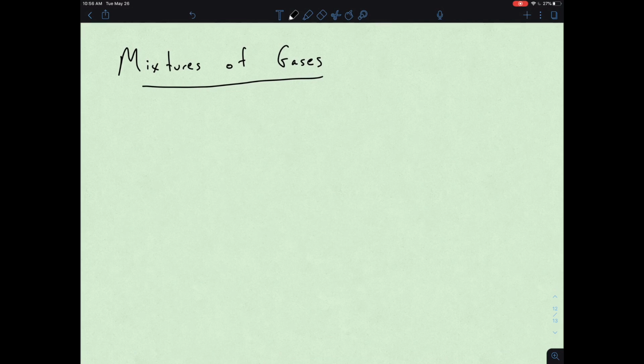So now let's talk about mixtures of gases. And with that, we need to understand Dalton's law of partial pressures.